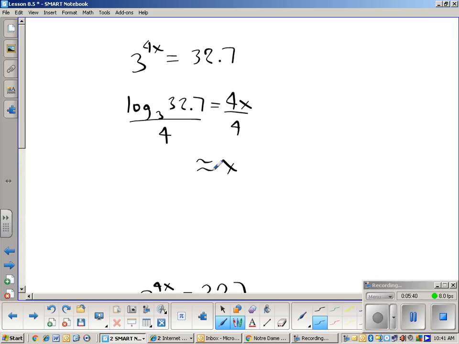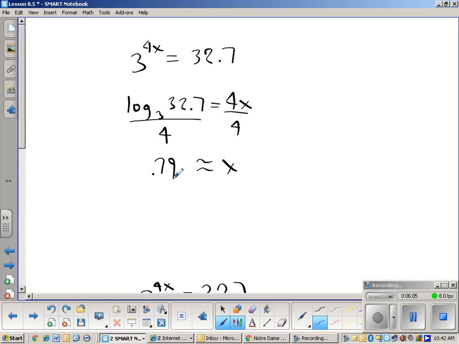Now you could demonstrate the base change again, or you can plug it in the way it is. What'd you get? 0.79. Does everybody agree with that? I thought I heard a different number from you guys. Okay, 0.79. So we agree with that.